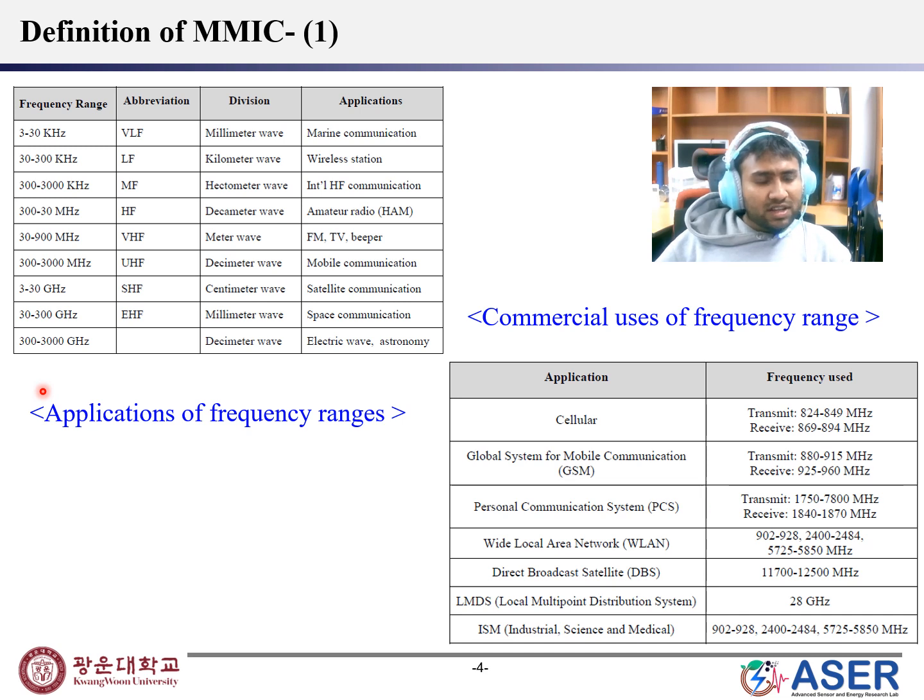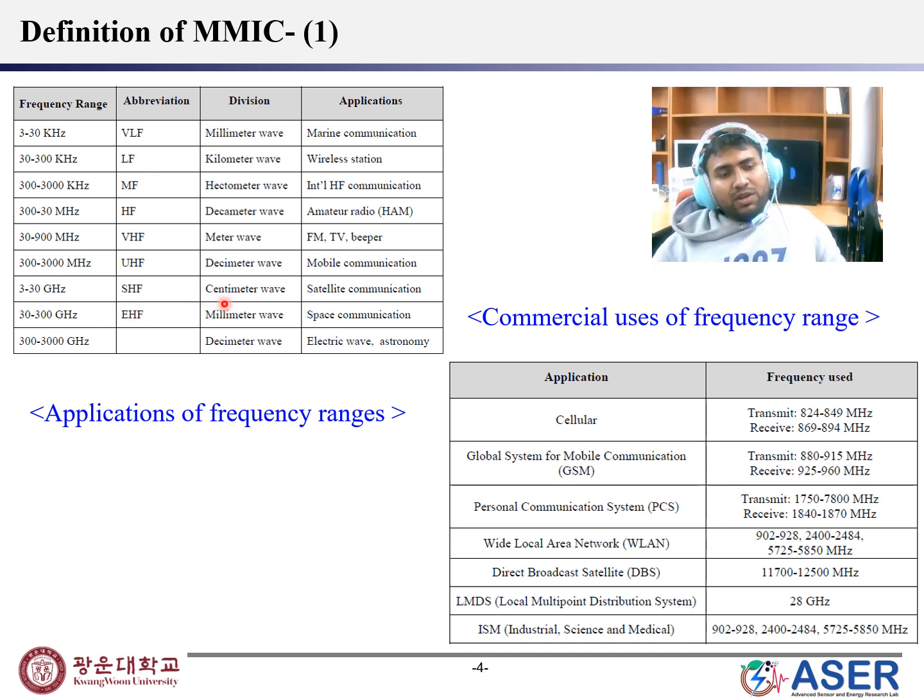300 to 3000 kilohertz is called MF. Its division is hectometer wave, used in international HF communication. There are different types of frequency ranges. In the case of 3 to 30 gigahertz, its abbreviation is HF. Its division is centimeter range wavelength. It is mainly used in satellite communication.